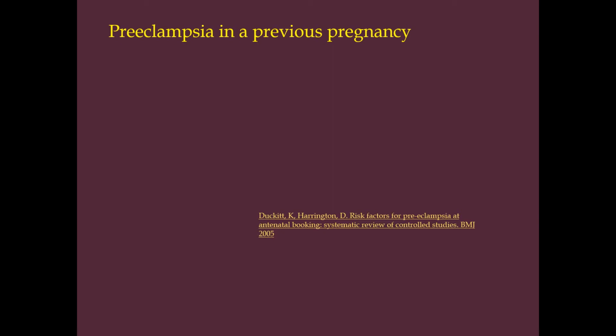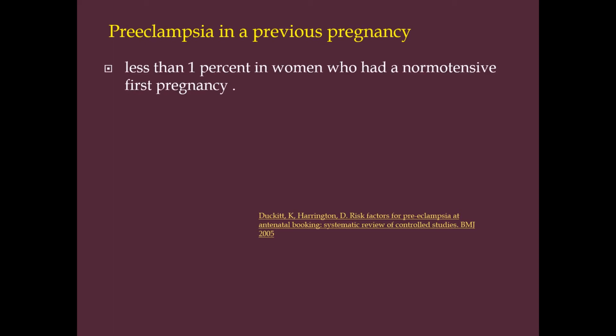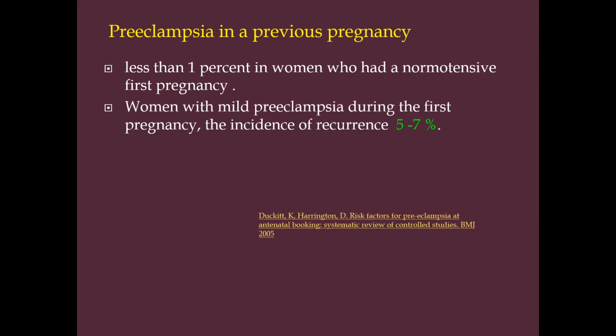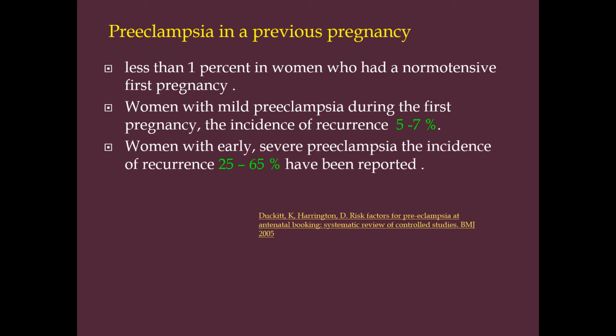Dr. Sibai studied this risk factor, and he found that patients who were normotensive in the first or previous pregnancy have a chance of developing preeclampsia of less than 1%, whereas those who had mild preeclampsia during the first pregnancy have a chance raised to 5 to 7%, and in patients who had early onset or severe preeclampsia, the incidence of recurrence in a subsequent pregnancy rises to 25 to 65%.